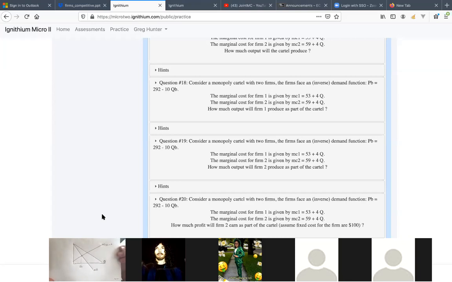Can you see the picture? Yes. So we got demand and we've got marginal revenue. And I labeled this as joint marginal cost. So you can see there's our Q total, right? Yeah. So where's our price? Do we plug the Q we got from 17 back into the inverse demand function? Yeah, exactly.